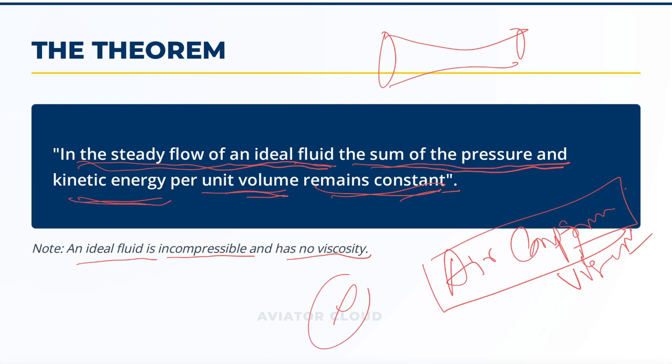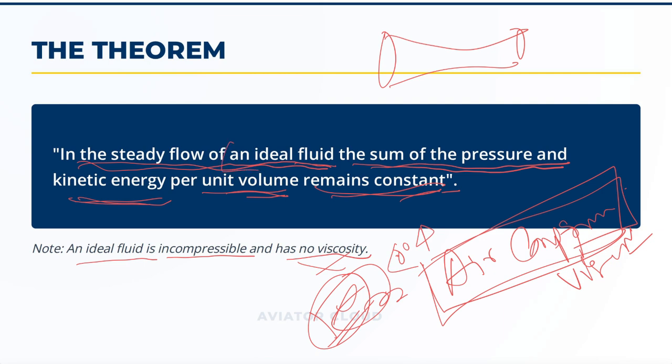Also, we saw below 0.4 Mach the density change is very insignificant, so that's why we treat it as incompressible and with no viscosity, so we call it an ideal fluid. So a question may come, what is an ideal fluid? Even an MCQ can come. So it is incompressible with no viscosity.